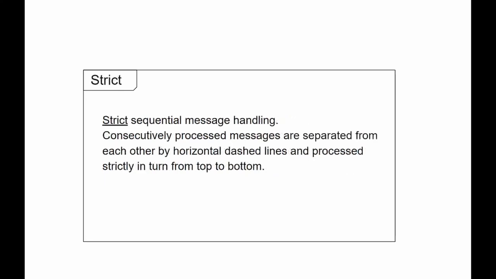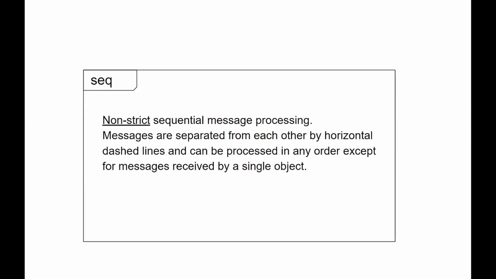Strict. Sequential message handling. Consecutively processed messages are separated from each other by horizontal dashed lines and processed strictly in turn from top to bottom. Seq. Non-strict sequential message processing. Messages are separated from each other by horizontal dashed lines and can be processed in any order except for messages received by one object. Ignore.